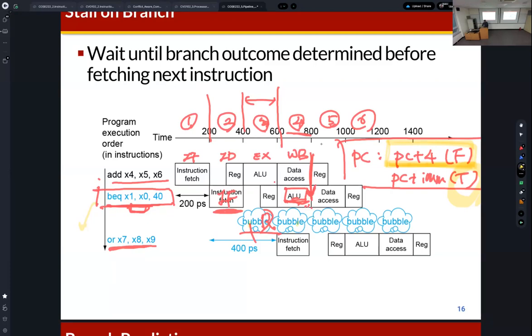Anyway, if we cancel the execution of some stages like this, then clock cycles are wasted, because some pipeline stages include certain steps of instructions. The clock cycles are taken, but these instructions are canceled from these pipeline stages.